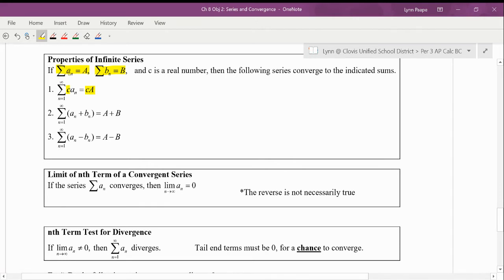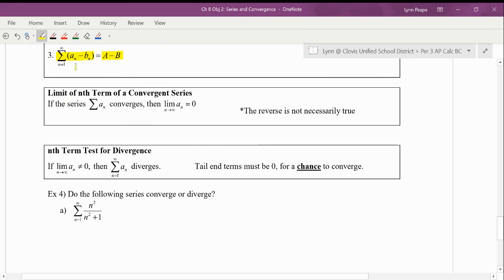So if this was x, and then the sum was a, then if I did 2x, the sum would be 2a. And then if we have two series that converge, I can add those series together and I would still get a converging series. And likewise, if I subtract the two series, I would get a series that still converges, whose sum would be the difference. Okay?